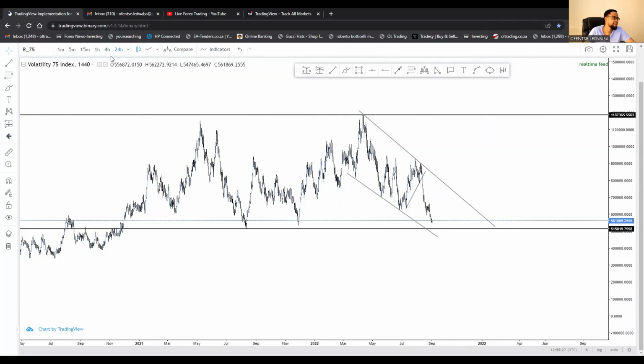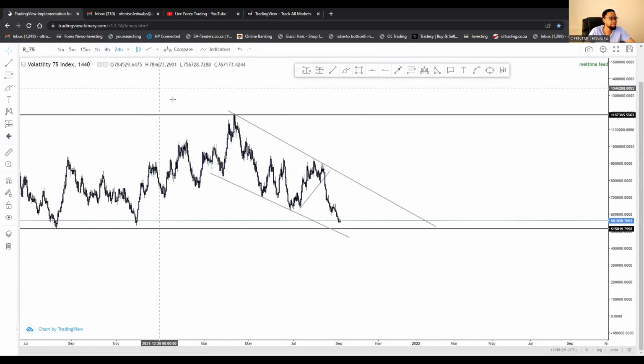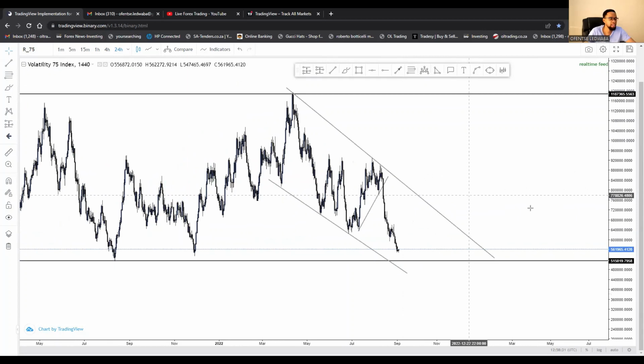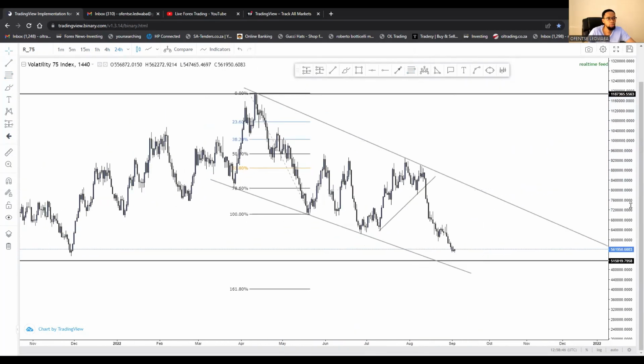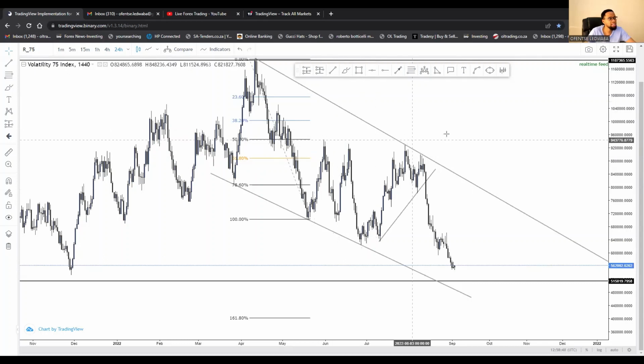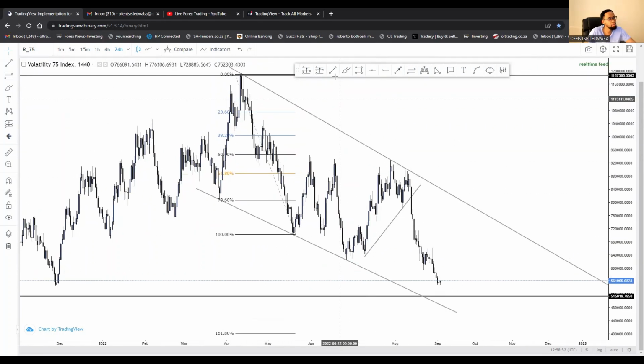Okay, then guys, I'll show you something that will solve all your problems. Do you know how to use the Fib? I want to show you something. You see here, it's my 100 point, then I'll use the Fib coming here. So we can all see that this area was the 50% rule of this big move.